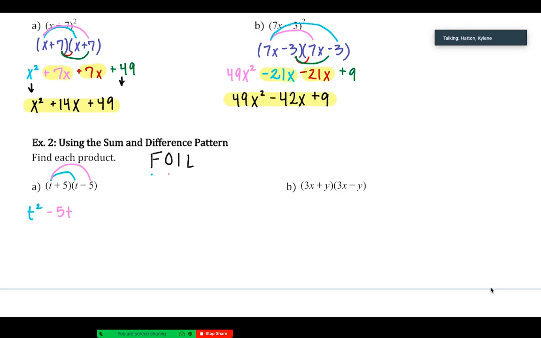And then if I multiply the inner two terms, positive 5 times t, so that's plus 5t. And then the last two terms for L, 5 times negative 5, that becomes negative 25.